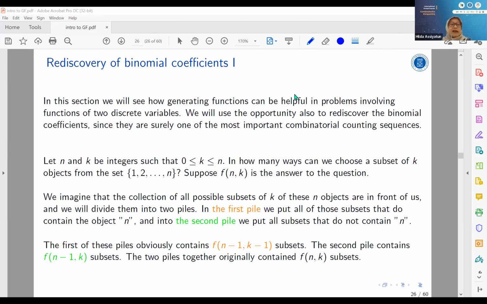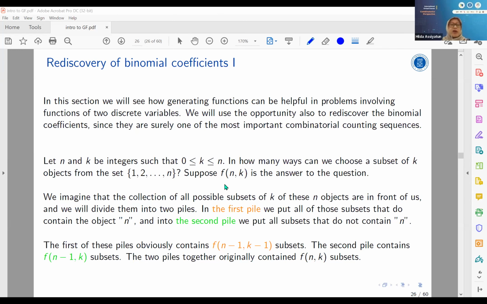Now, let n and k be integers satisfying this. The question is, how many ways can we choose a subset of k objects from the set of n objects? Suppose that the answer to this question is this sequence.